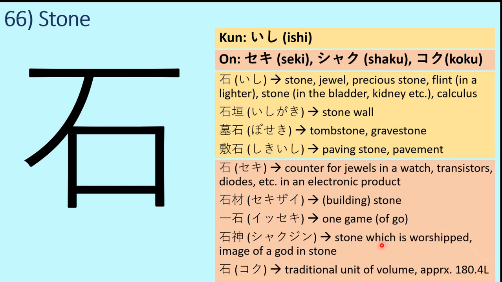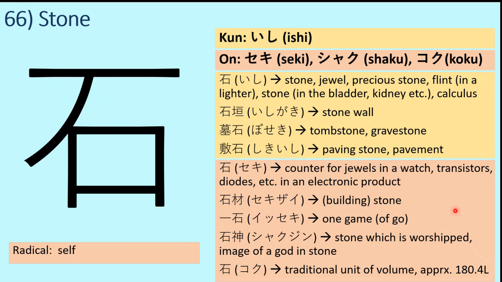That is a stone which is worshipped, god in the form of a stone sculpture. Then we have koku. Koku means a traditional unit of volume in Japanese, which measures approximately 180.4 liters. So these are the meanings of this kanji character and their usages.